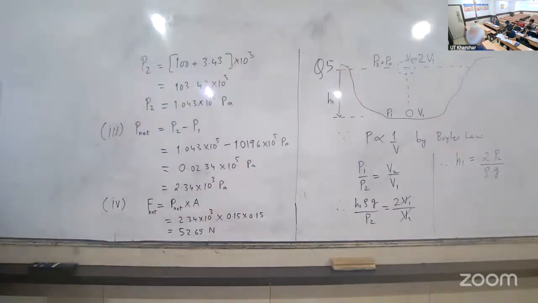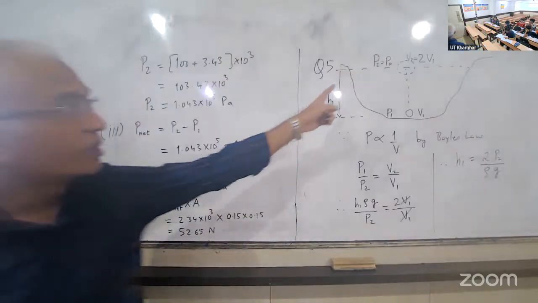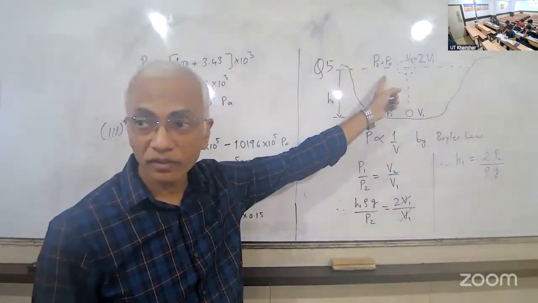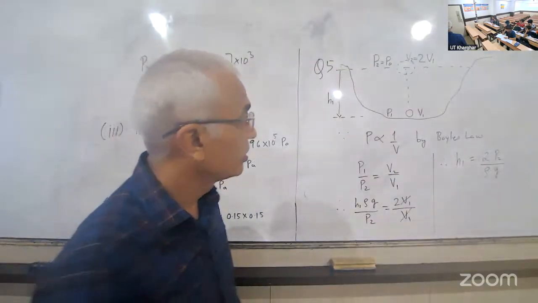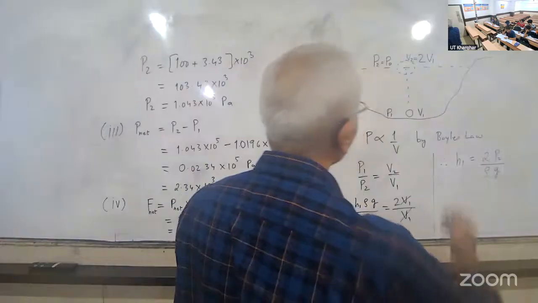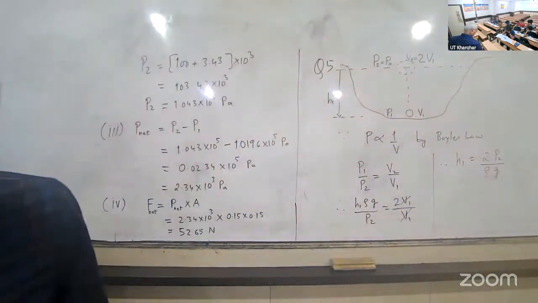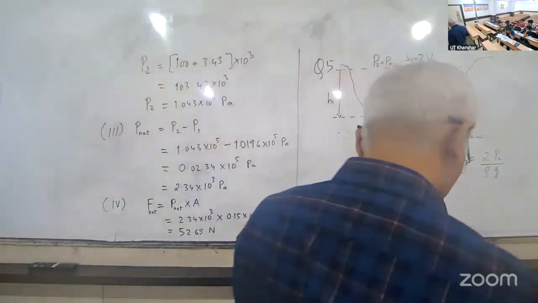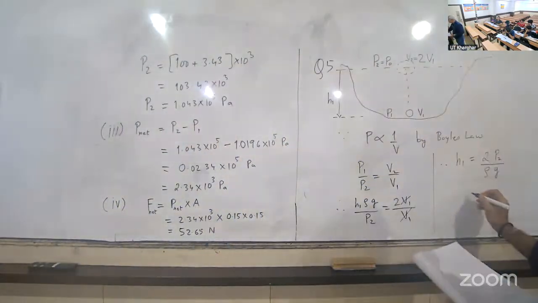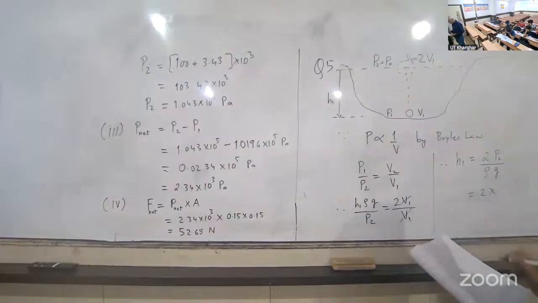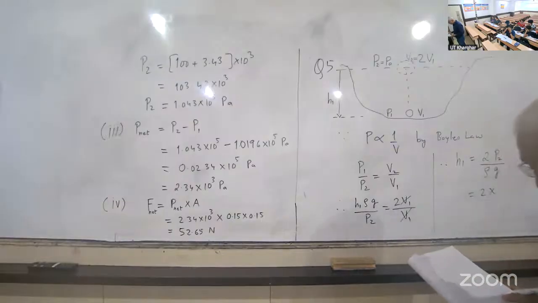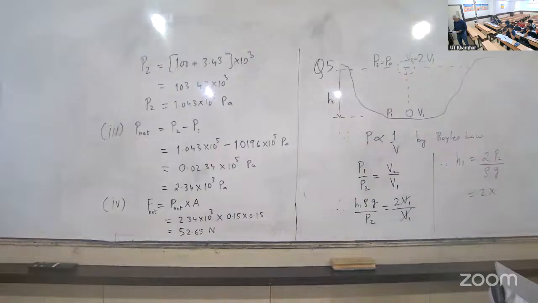So now substitute and get it. P2 is the same as atmospheric pressure. These things are given. So what is the depth now? This is 2 P2. How much is the atmospheric pressure given in the question?